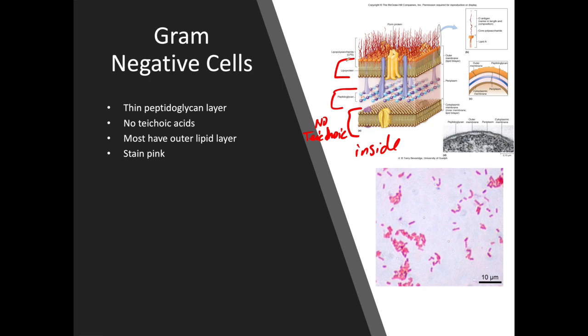In addition to this outer lipid layer, embedded within the outer lipid layer of gram-negative cells is something called the lipopolysaccharide, or LPS. The LPS is made up of two components. They're showing them to you over here. They have a lipid A, which is embedded into the phospholipid bilayer. That's what you see down here, right?